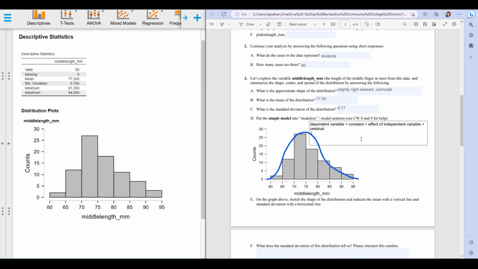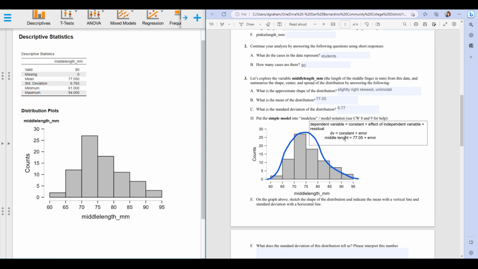So in this case, we are working with the simple model, which is really just the constant plus the error, because we don't have an independent variable that we're including yet, right? We're just talking about one variable. So in this case, we would write out our model as middle length equals some constant, and our best guess constant is our mean plus error.